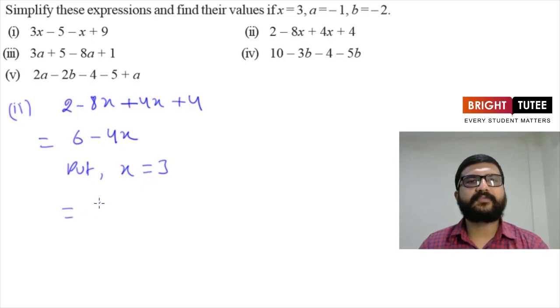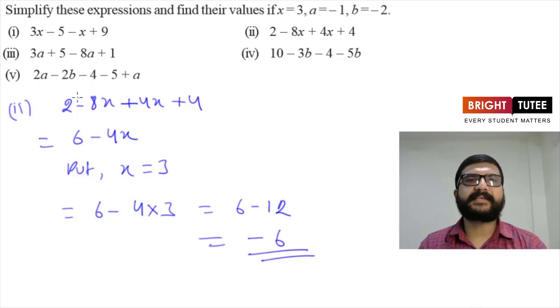So what we will get from here, we will get 6 minus 4 into 3, and 4 into 3 is 12, so this will be 6 minus 12, and this is minus 6. So minus 6 is the value of the second expression if x is equal to 3, a is equal to minus 1 and b is equal to minus 2.